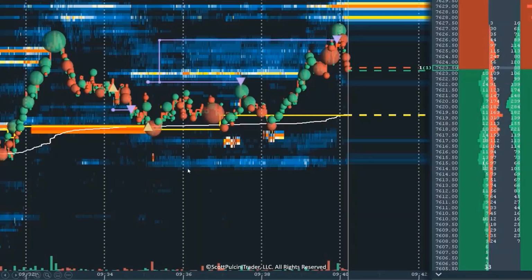So it's okay to take losses as long as you get out immediately when you see the volume coming against you and look for the next opportunity.